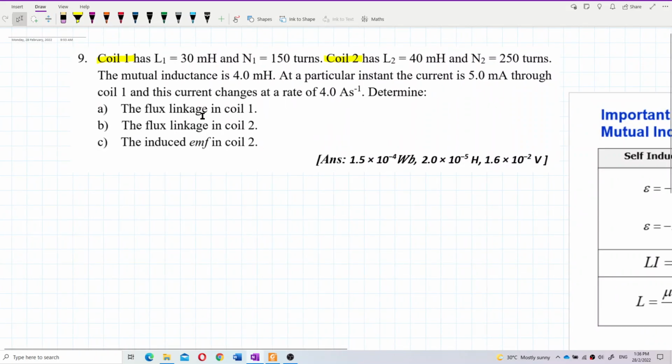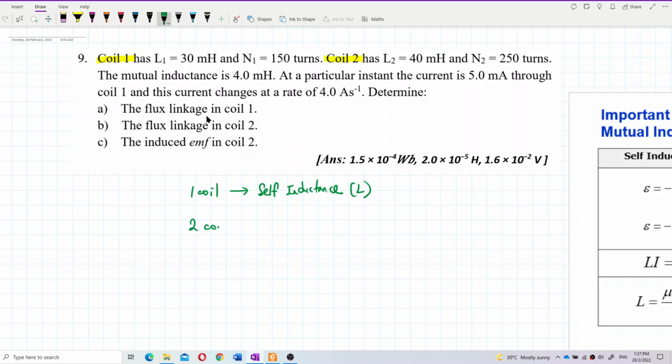If the question has only 1 coil involved, then it's definitely only self-inductance. If you have 2 coils, maybe a solenoid plus 1 coil, then the question might ask either self-inductance or mutual inductance.